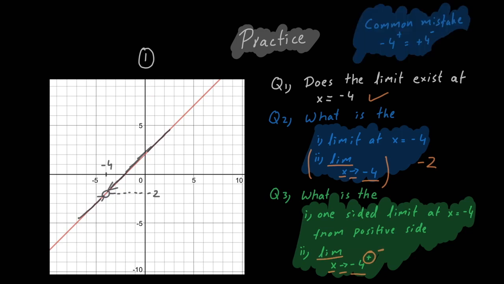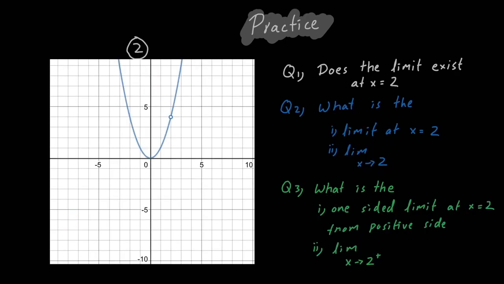Now, if you look at the top right of your screen, it's a very common mistake that students, in the pressure of the exam, confuse these two signs and write negative 4 from the positive side as positive 4 from the negative side. Coming back to the question, the limit as x approaches negative 4 from the positive side is negative 2.